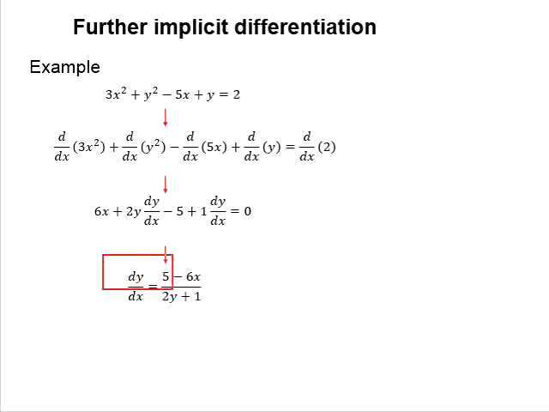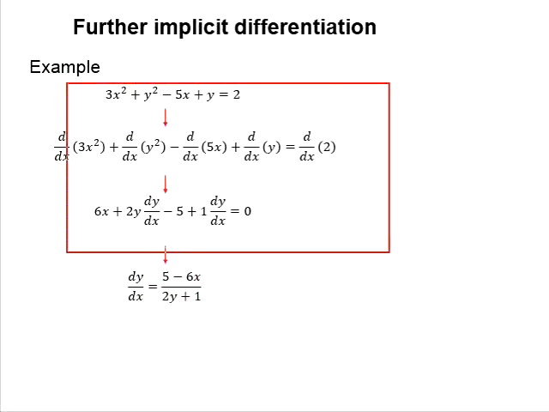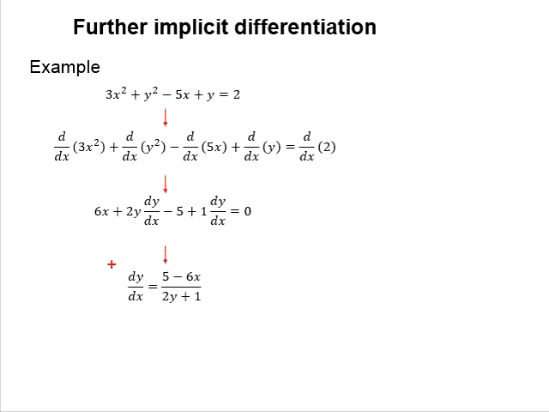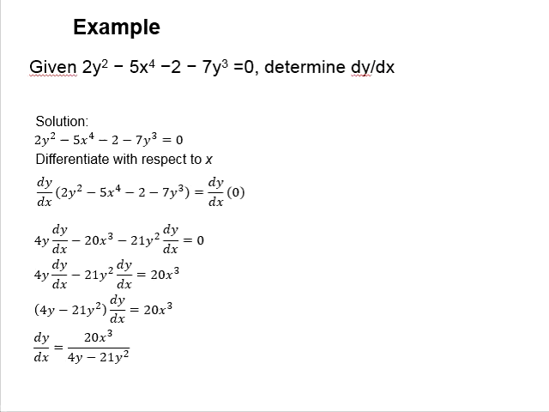If you wish to differentiate further from here, this is again an implicit function, which is in the form of divisions. You may use the quotient rule to solve it. For this example, you are only required to differentiate once. Let us try another example.